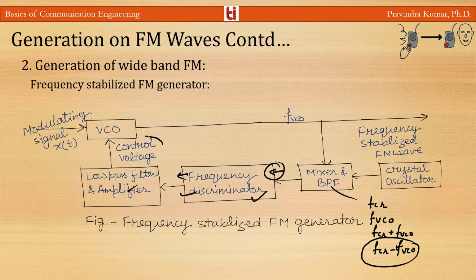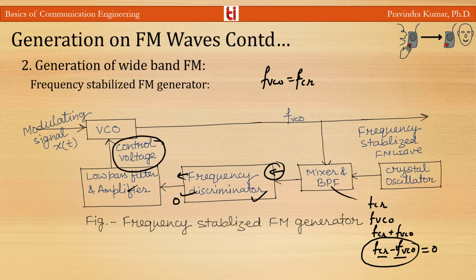So here we will get the ripple free control voltage at the output of this low pass filter. When FVCO is equal to FCR, the output of the mixer, FCR minus FVCO, will be equal to 0. So the output voltage of the frequency discriminator is 0, and the circuit will maintain the VCO frequency constant, equal to the crystal oscillator frequency FCR.